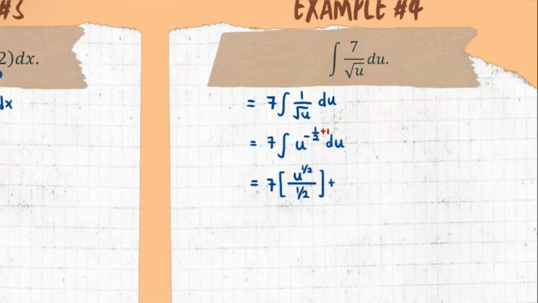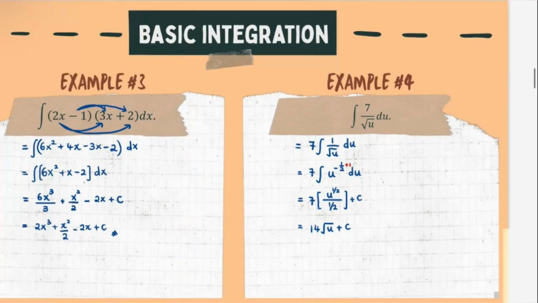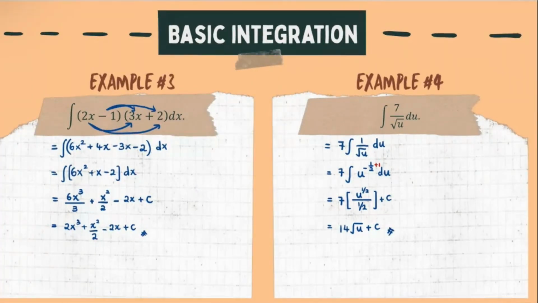Kemudian plus c. Okay. Now simplify this function. 7 bahagi separuh dapat apa? 7 bahagi half, 14 square root of u plus c. So this will be our final answer.